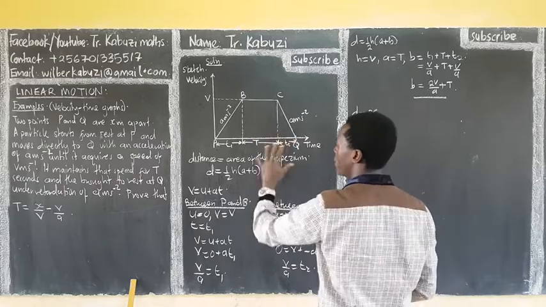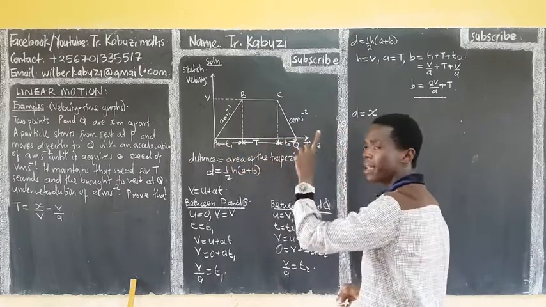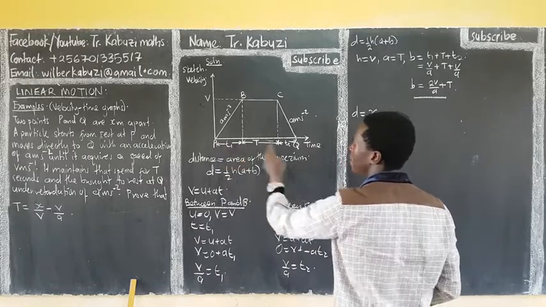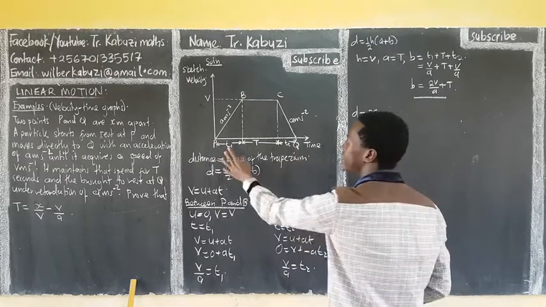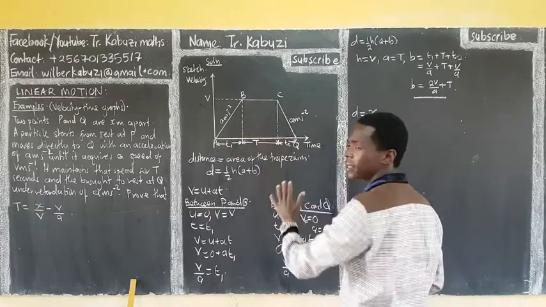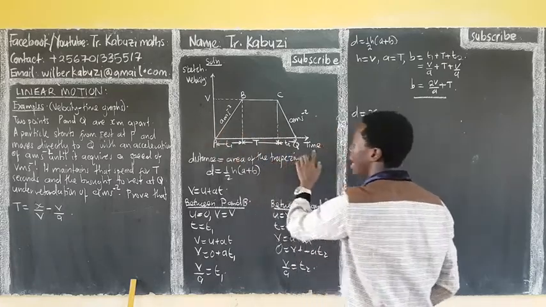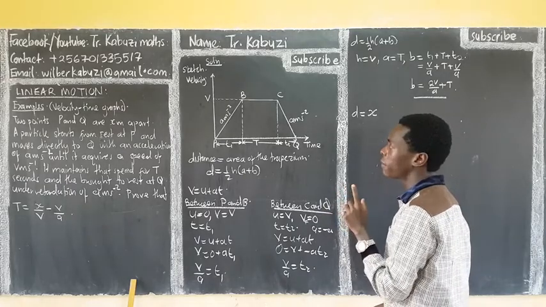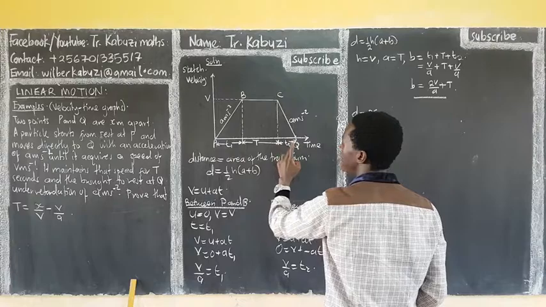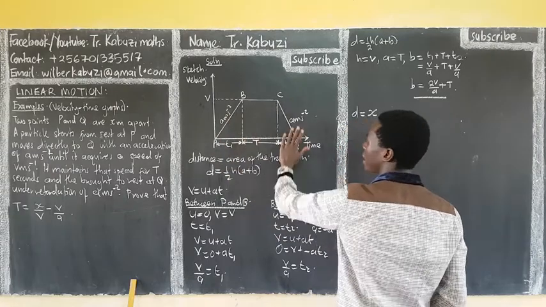Good enough, this is a trapezium, so we get the area of it. This is a velocity time graph, this is not the distance from here up to here. No, this is the time. And to get the distance, we get the area of the whole of this, because this is a velocity time graph. That's where people are confused. This is not the distance, please. So the distance between this and this is the area over here.